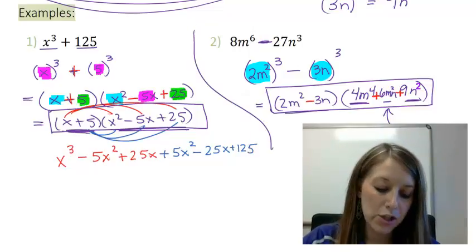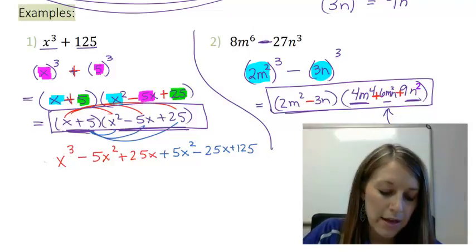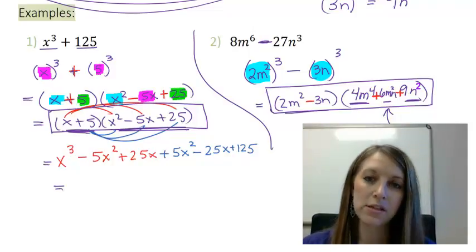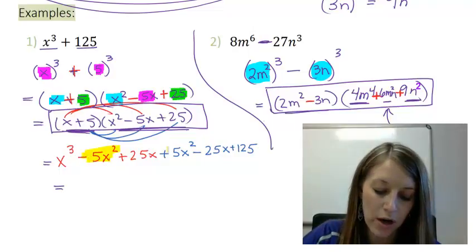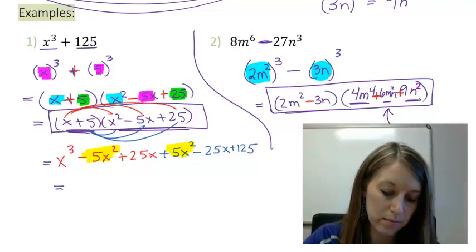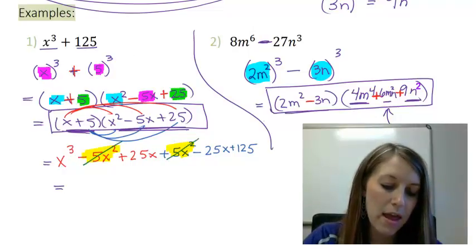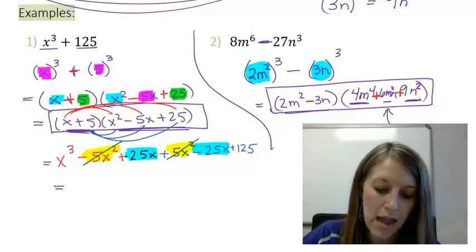So I had 2 terms times 3 terms, which should give me 6 terms, and I do. Now, if I were to simplify this, notice what happens. I have a negative 5x squared, and that cancels with a positive 5x squared. And I have a positive 25x, which cancels with a negative 25x.